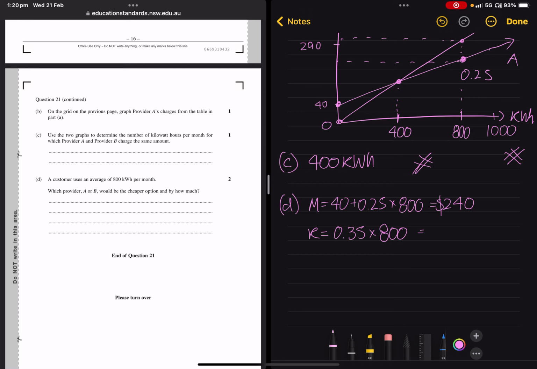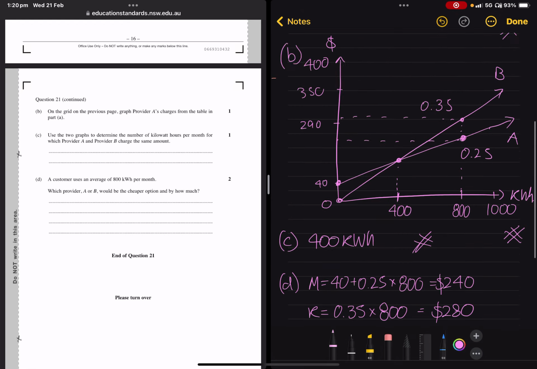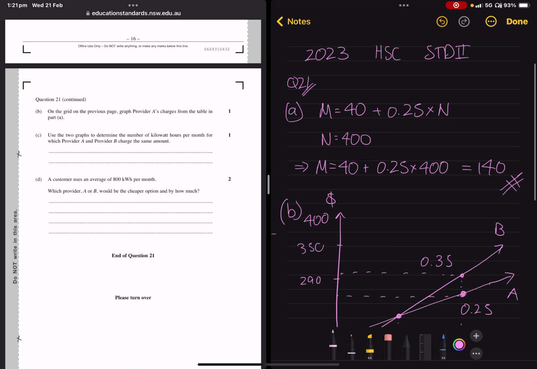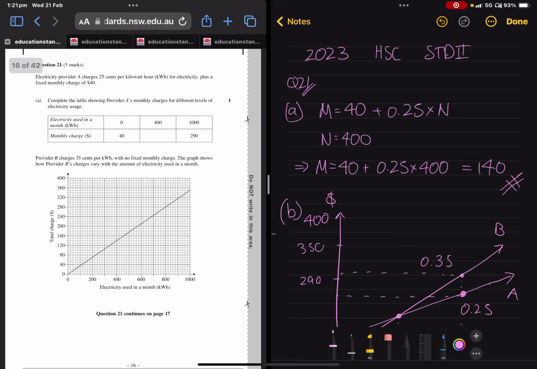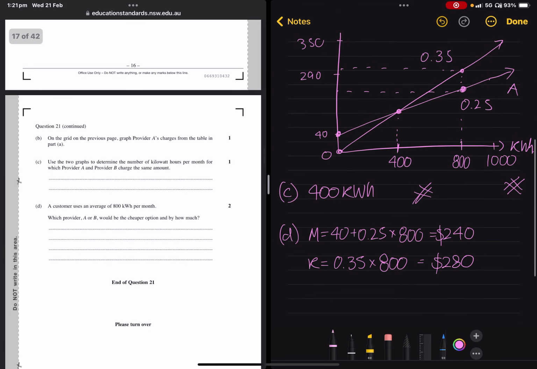This is exactly 280 in fact. So which provider is cheaper? Provider B was the 35 cents per kilowatt hour. Provider A was the first one. So therefore, provider A is cheaper. Provider A is cheaper. And this is the answer.